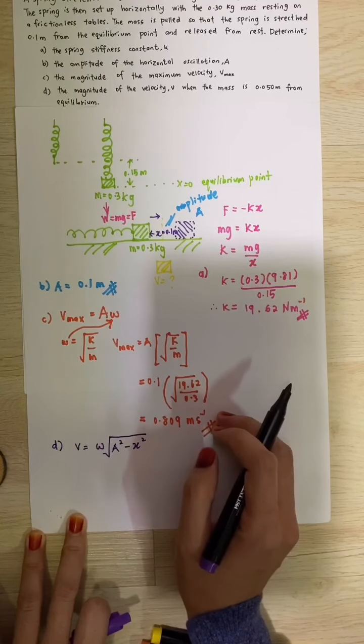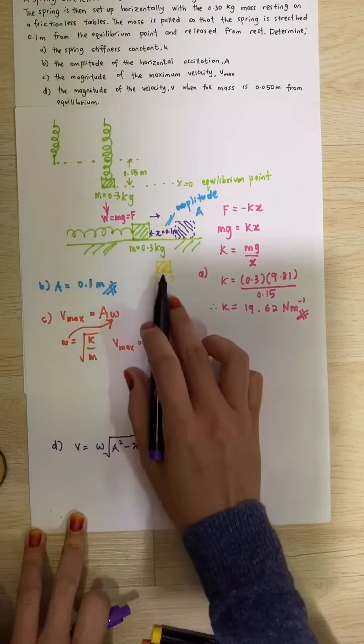So the velocity when the mass is at 0.05, at this point.